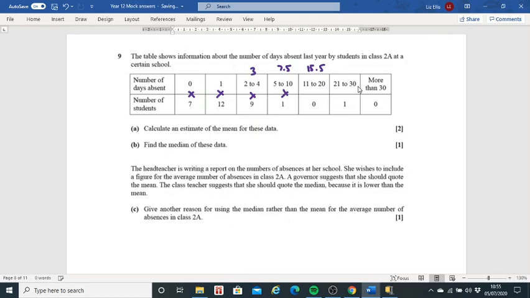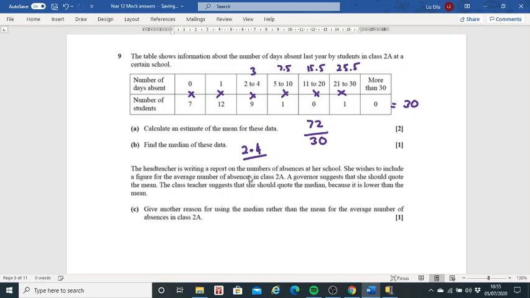Halfway between these two is 25.5. And then we multiply these across. That gives us 72 when we add all those up together. There are, if you add all of these, 30. And 72 divided by 30 is 2.4. Most of you got that one right, so that wasn't a big issue.